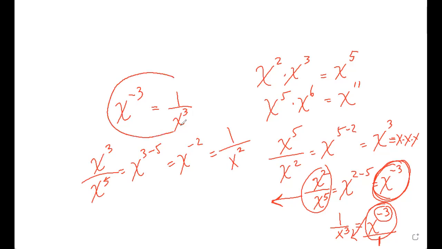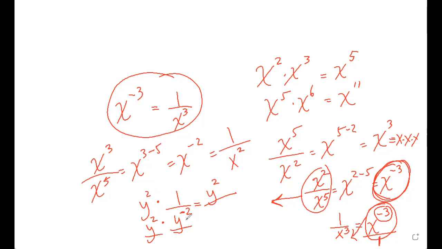Okay. Now, what about when you have, let's say, a negative exponent in the denominator? Well, you could multiply the numerator and denominator by y squared. As you know, with fractions, if you multiply numerator and denominator by the same thing, the result is equivalent. So this is going to be y squared.